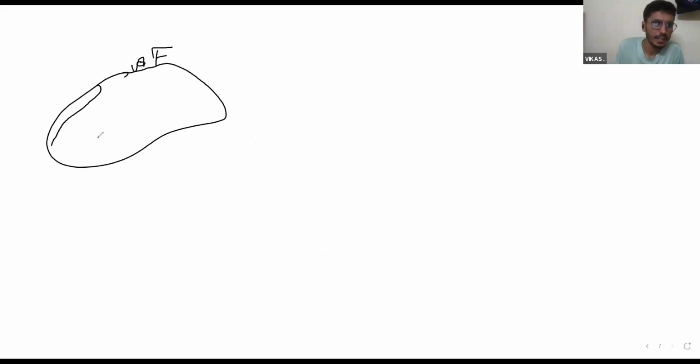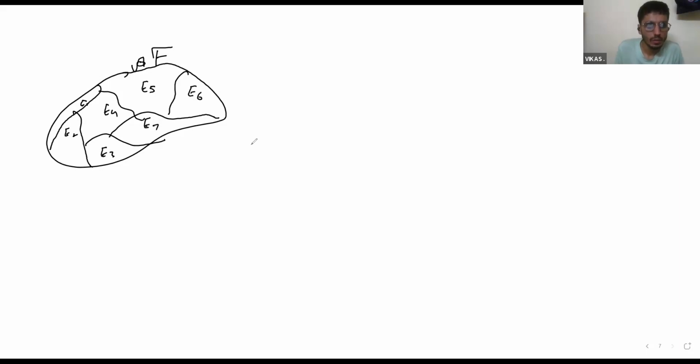For example, this is your event space. If I divide it so that this is E1, this is E2, this is E3, this is E4, this is E5, this is E6, this is E7, then you can see that E1 union E2 up to E7 gives you omega.